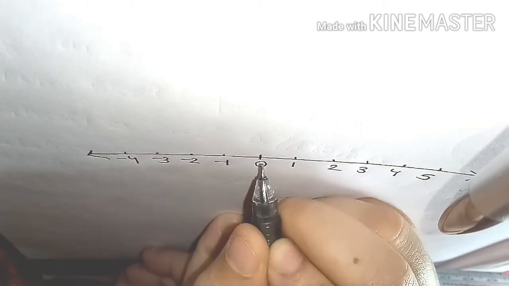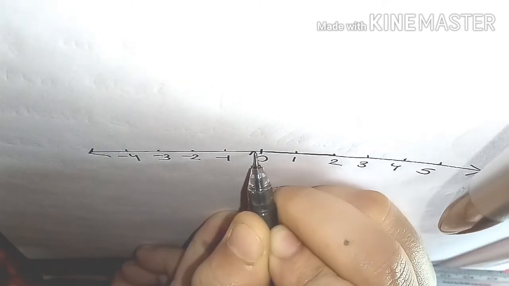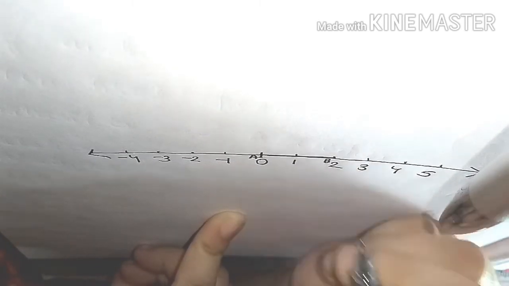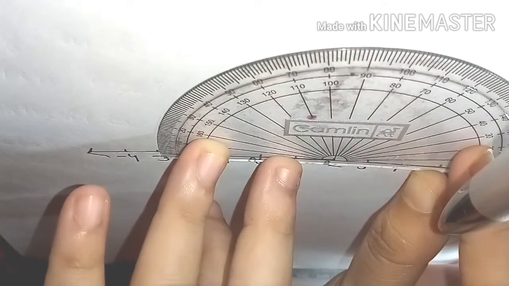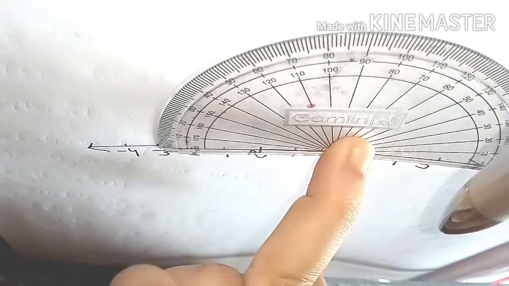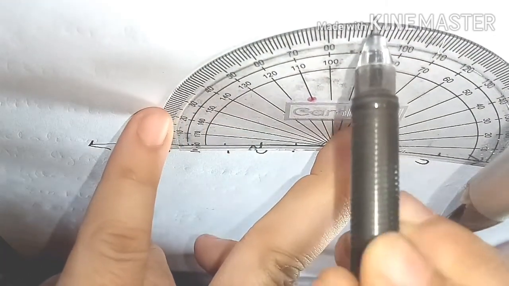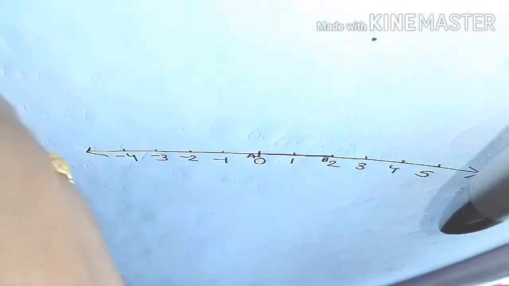Now from 0 we need to draw a line segment of 2 centimeter, because this will be the base, because our base is 2 centimeter. On this base we need to draw a perpendicular line of 1 centimeter, because our height is 1 centimeter. So we are using a protractor, and like this we will mark 90 degree, because perpendicular line means 90 degree.